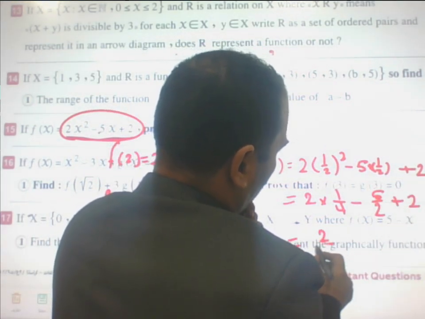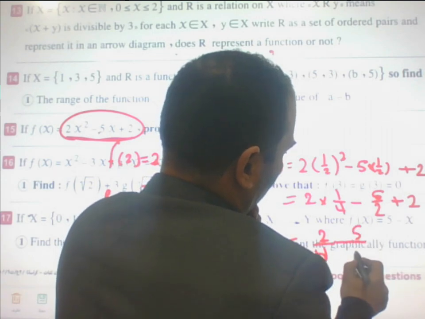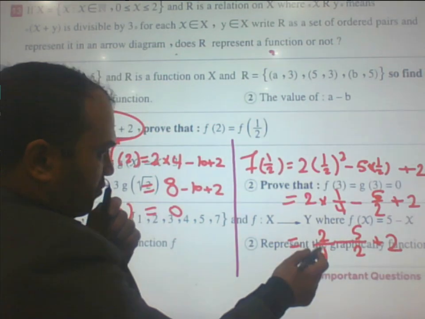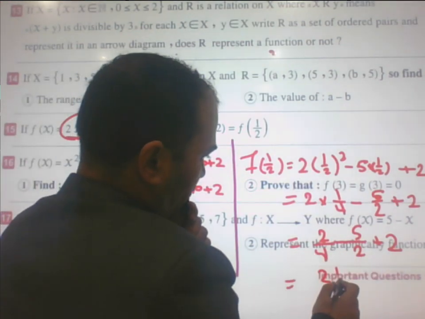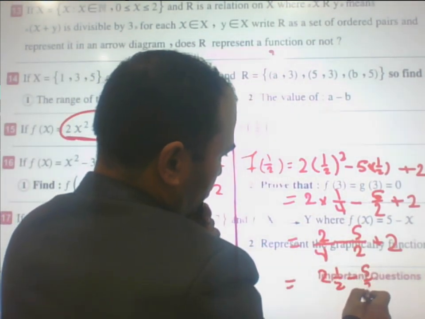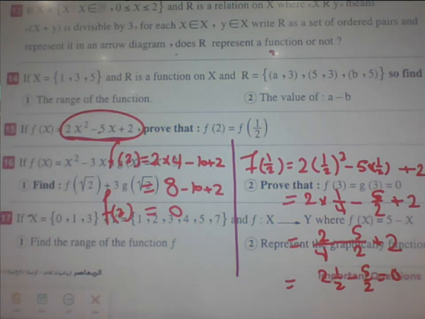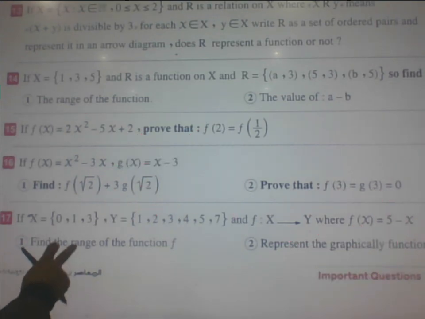The result will be 2 fourths minus 5 over 2 plus 2. 2 over 4 is half. Half plus 2 will be 2 and half. Subtract 5 over 2, which is 2 and half also. Then the difference will be 0 between the two numbers. Then, for relation number 1, we prove that f of 2 equals f of half.